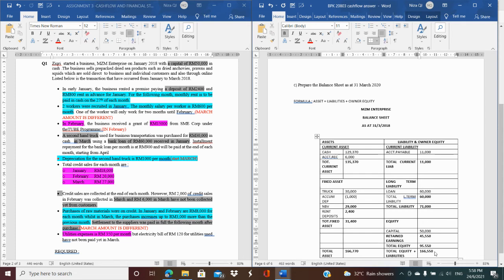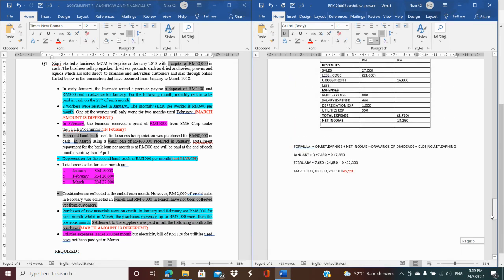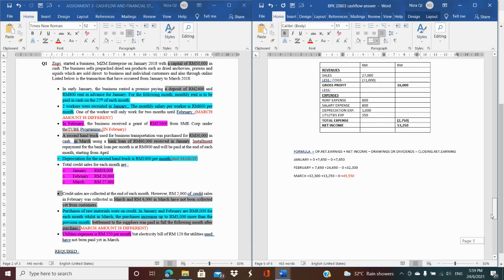So there is actually a discrepancy here and I cannot find the amount. What is the amount that makes the difference here? So calculate again, 129,370? What did I go wrong?